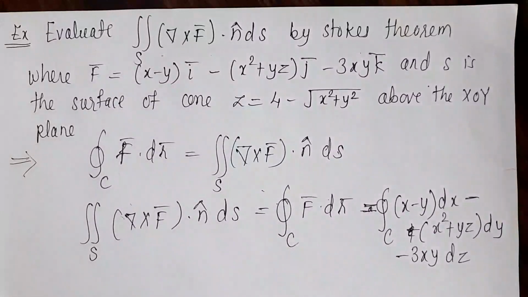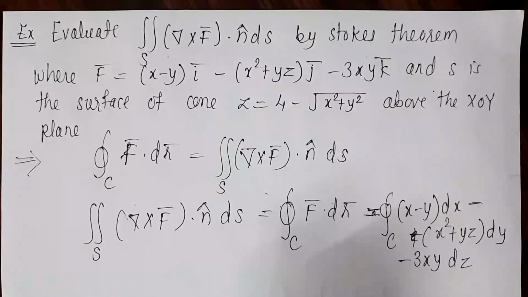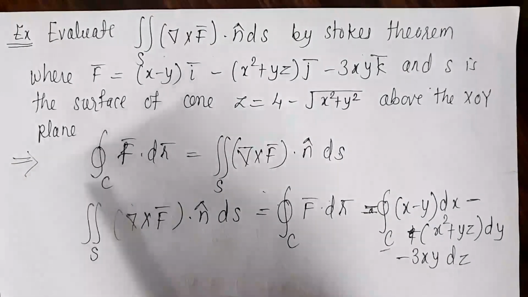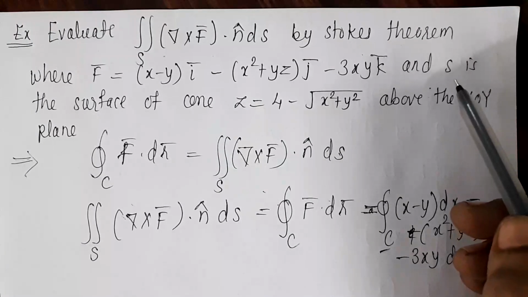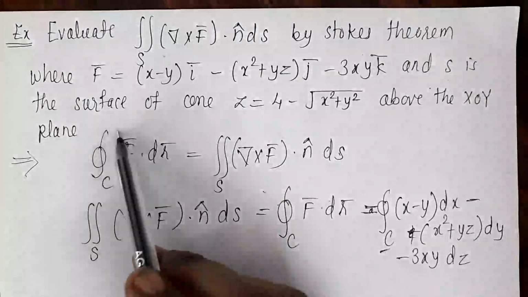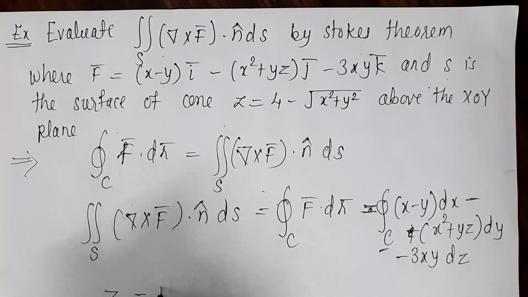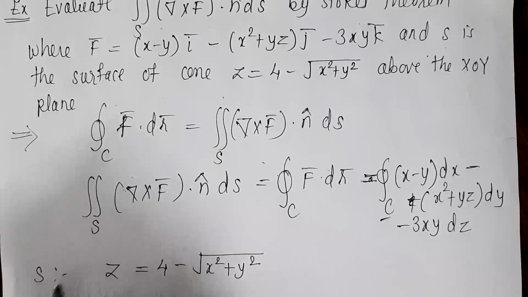This is our f dot dr. Now the question is, what is surface S or what is the curve C? So the curve C, how to obtain this curve C? For that, surface S is given as the surface of the cone. What is the surface of the cone? Z is equal to 4 minus square root of x square plus y square. Now this is surface S.